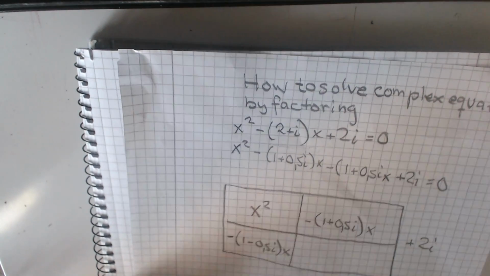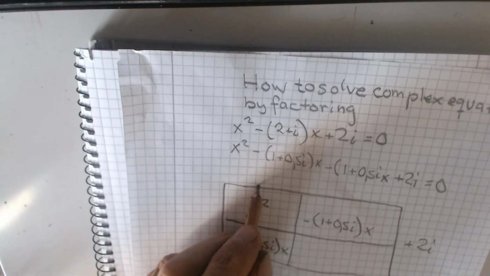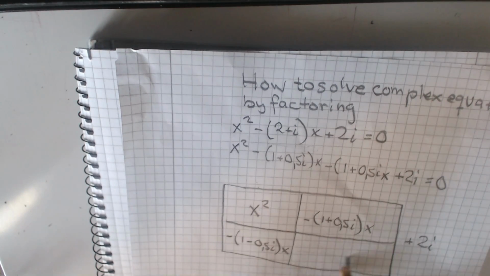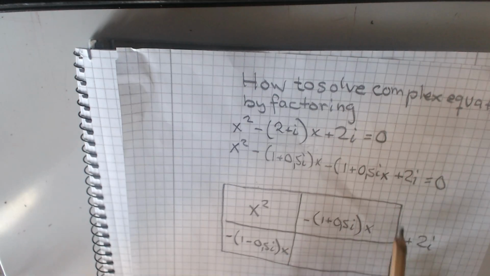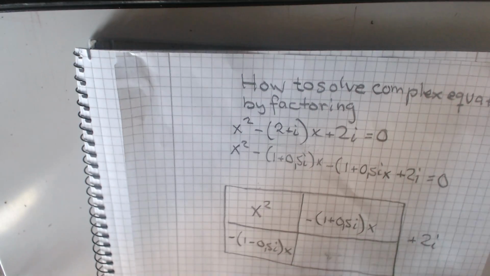Now we're going to use the completing the square method. So this is what I have to complete. The square is here, but what should be standing here?